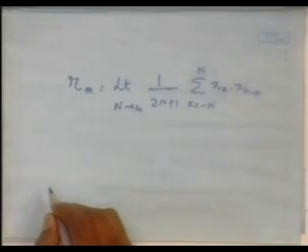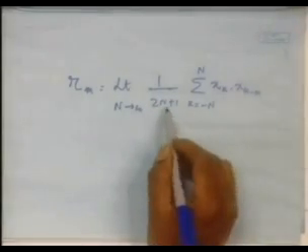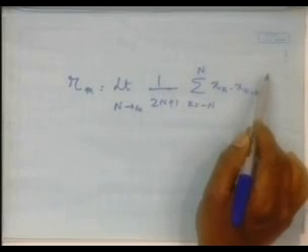Is that clear? n tends to infinity means it is covering the whole thing, is it not?